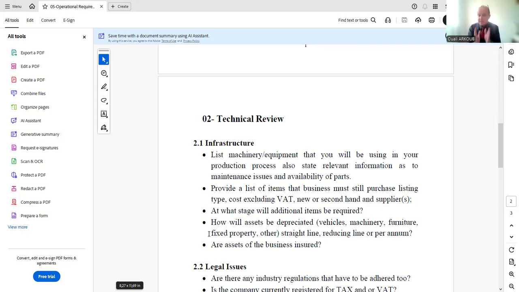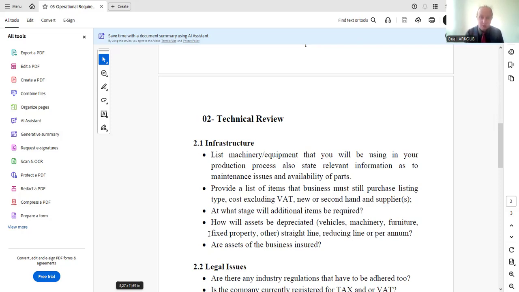Second, provide a list of items that the business must still purchase, listing type, cost excluding VAT, new or second hand, and suppliers. At what stage in production will your additional items be required?